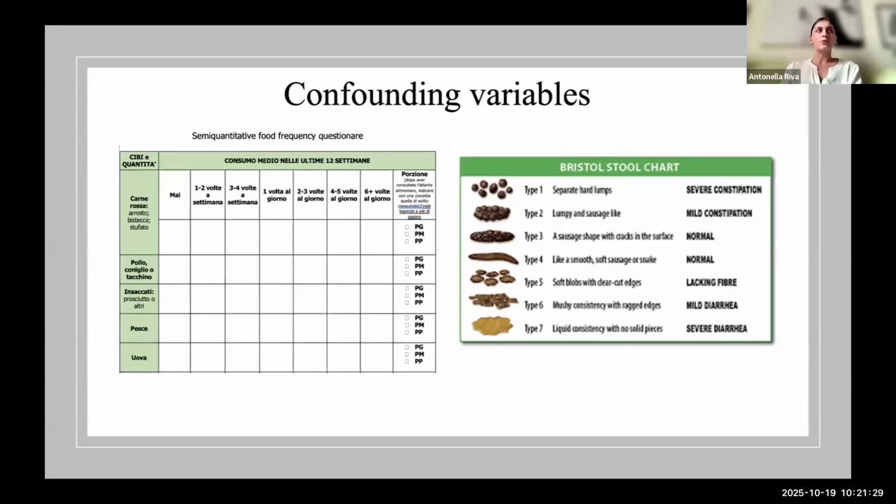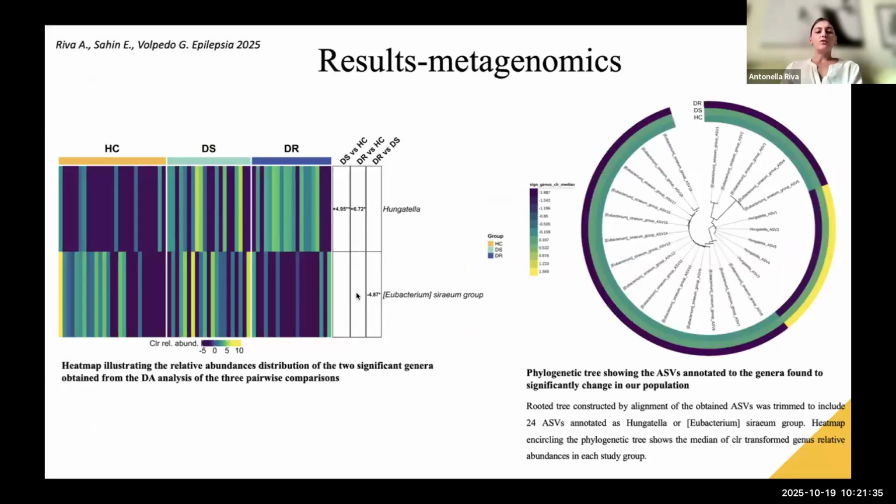So CFACE is important. And from that study, what we found out and what was really interesting is that this particular bacteria, which is the Eubacterium, was really reduced in terms of abundance in the resistant group versus the drug-sensitive group.